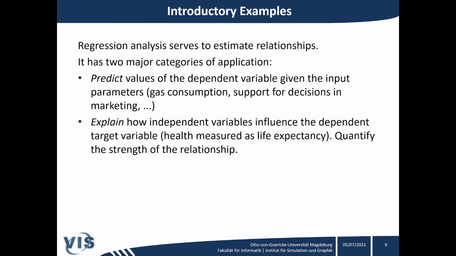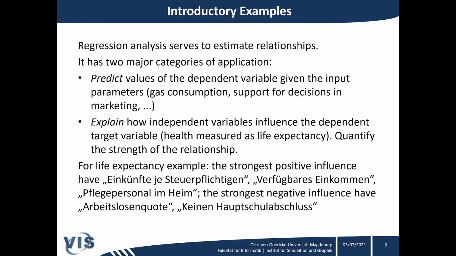Regression analysis serves to estimate such relationships. So it has two major categories of application. The first one is to predict values of the dependent variable given the input parameters, for example, gas consumption or support for decisions in marketing. The second application is to explain how the independent variables influence the dependent target variable, for example, health measured as life expectancy.